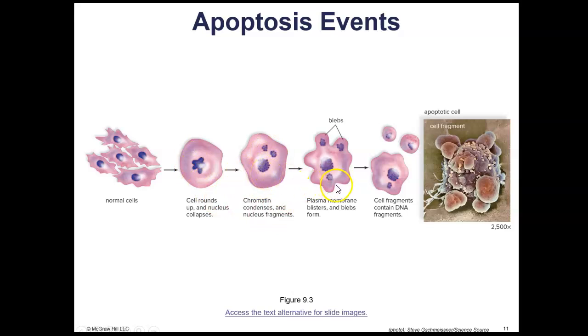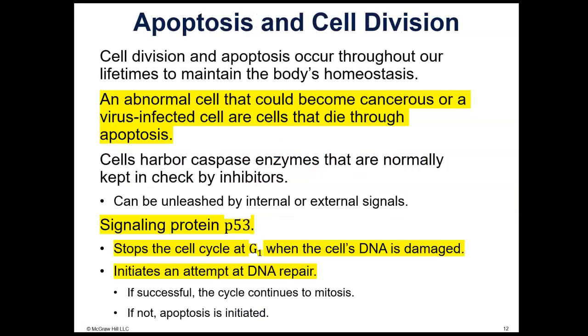You will see the plasma membrane forming blisters, called blebs. And then finally the cell is going to start to fragment. An abnormal cell that could become cancerous, or a cell infected with a virus, will normally die through apoptosis.